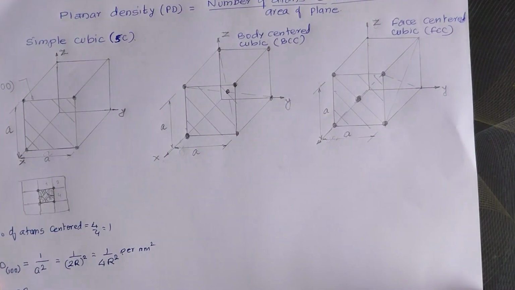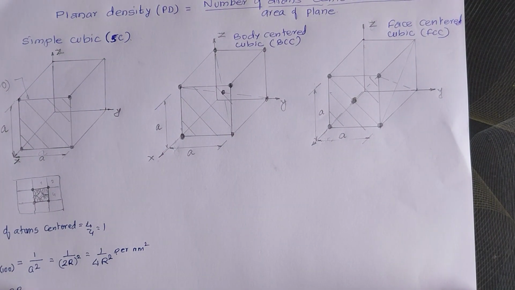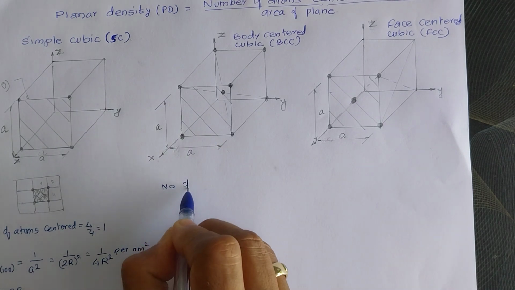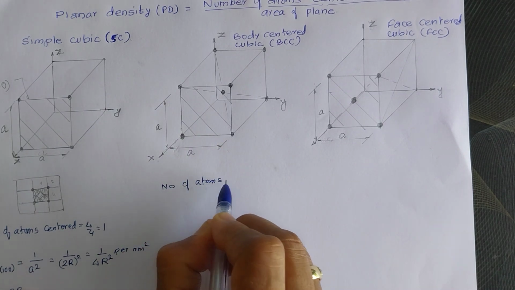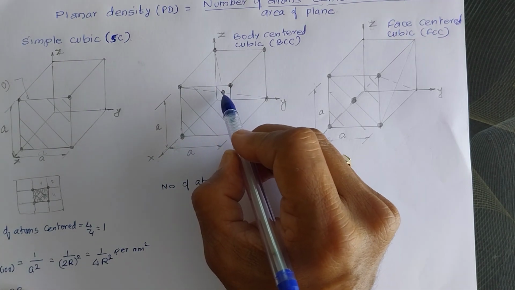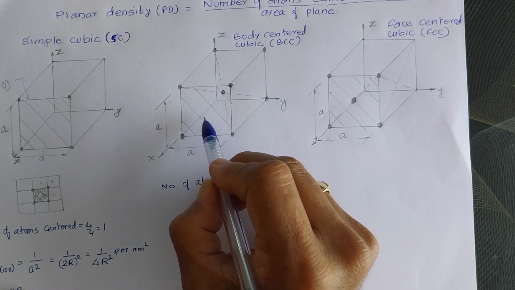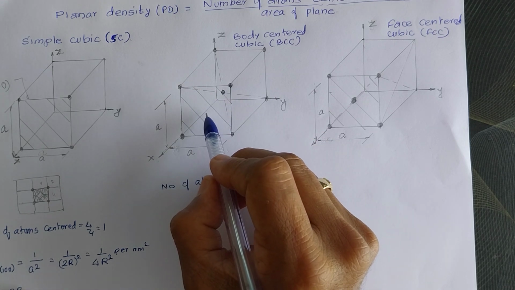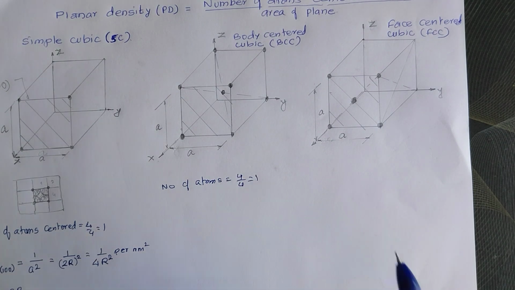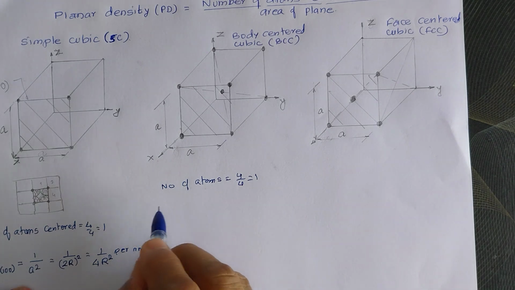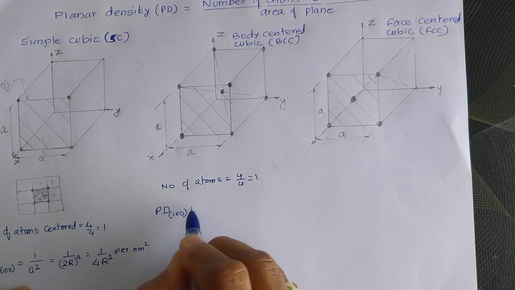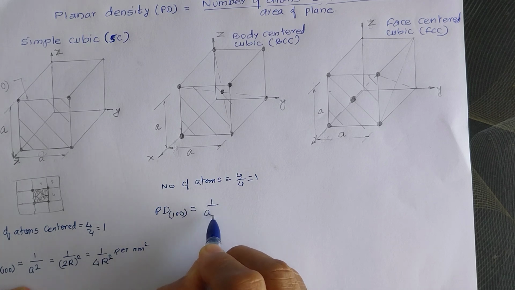In a similar manner, when we talk about a body-centered structure, the number of atoms is again 4 at the surface. The one at the body center is not on the surface and therefore not included. So this will be again 4 upon 4, that is equal to 1. And the planar density in terms of the lattice parameter A is still going to be 1 upon A square.